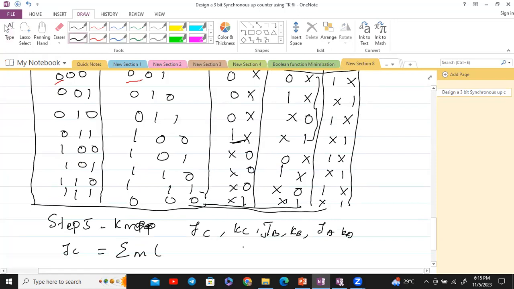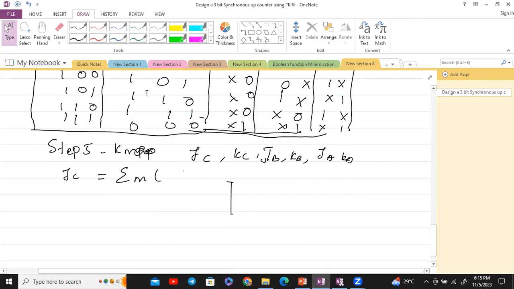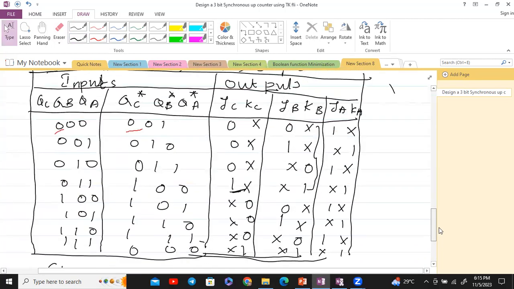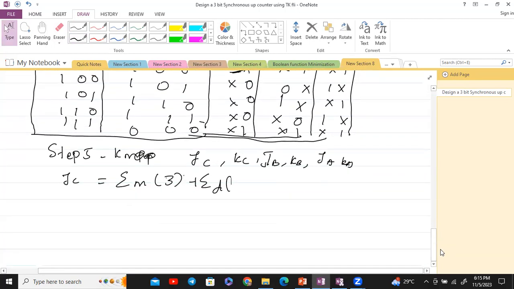So it is summation M of 3, plus we have the don't care terms. What are the don't care terms? They correspond to the last 4, that means 4, 5, 6, 7.